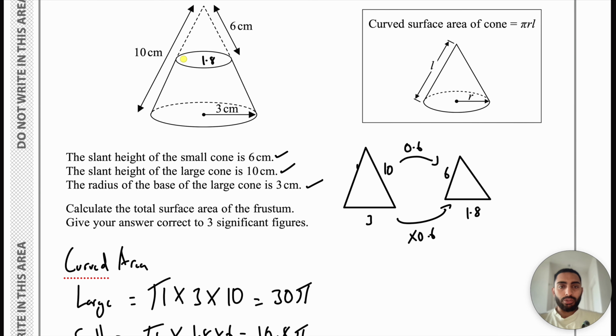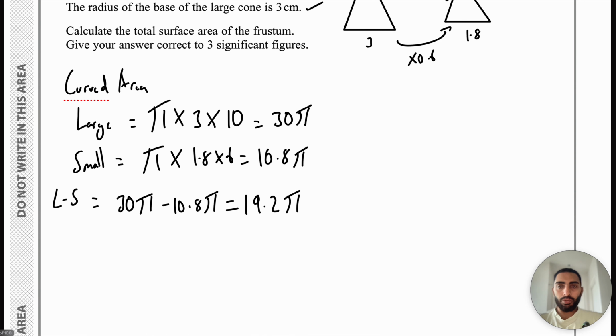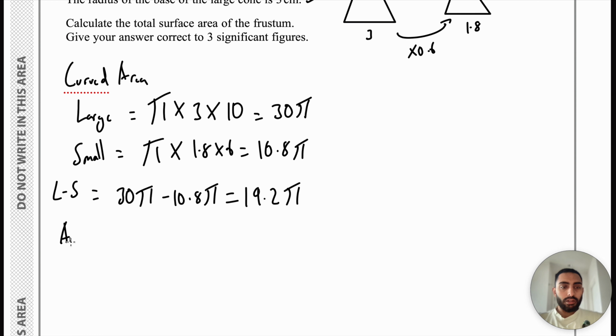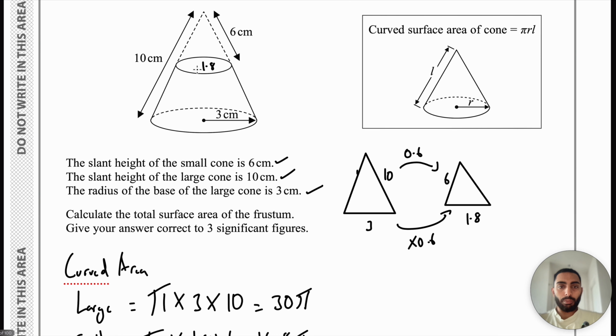The next thing that I need to do is find the area of this small circle and the area of this large circle. So let's just find out those areas. Area of circles. I'm going to do the small one first. What's the formula for area of a circle? It's pi r squared. It's 1.8 for my radius.